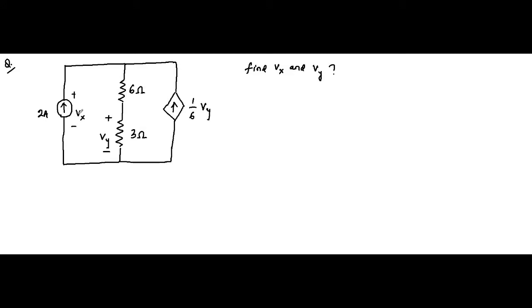First is the voltage dependent current source 1/6 Vy, and then we have the voltage across this current source. Again, it is a very important concept, we'll come to it. And we have Vy, the voltage drop across this 3 ohm resistor. So we have been asked to find these two voltage drops.